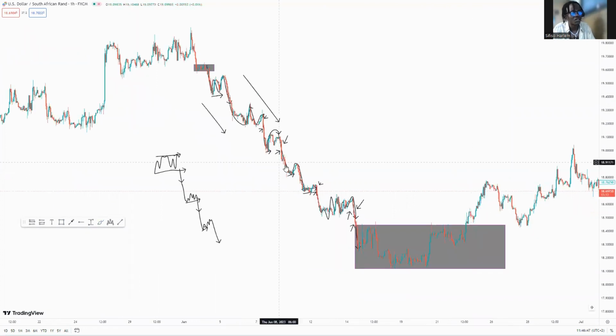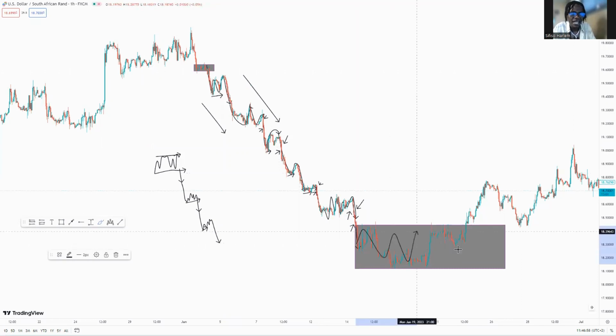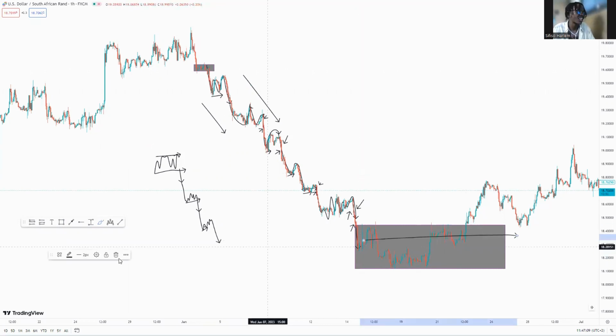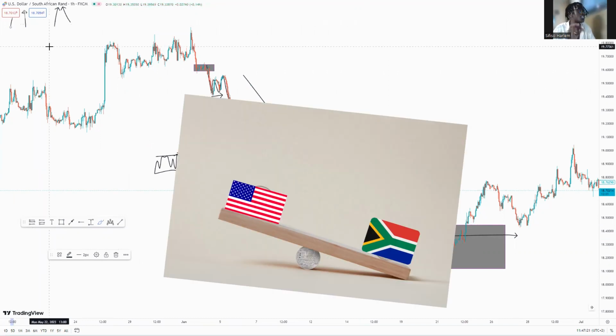From this clean downtrend that we had, price started moving sideways, meaning the bears that were running the markets started losing momentum, and the bulls started gaining momentum. Price was in a downtrend and is now moving sideways, which clearly confirms that from the rand strength and dollar weakness that we had, the dollar is now taking charge of the charts.